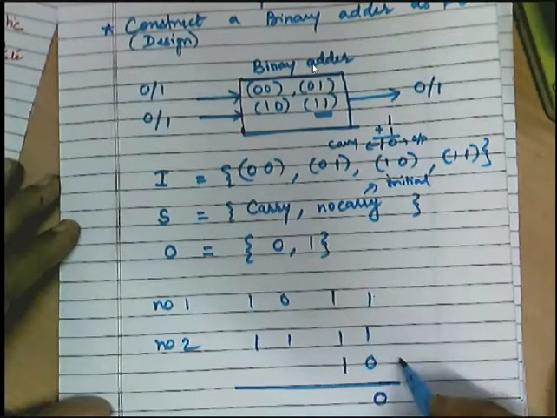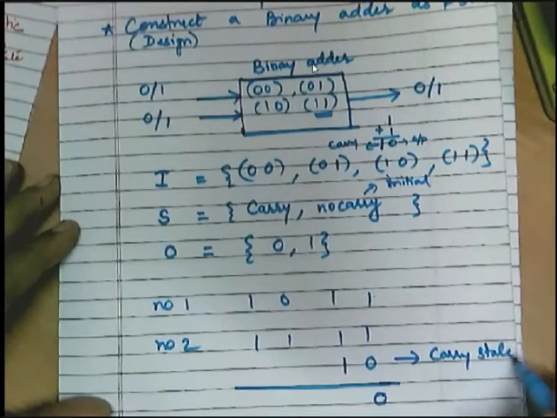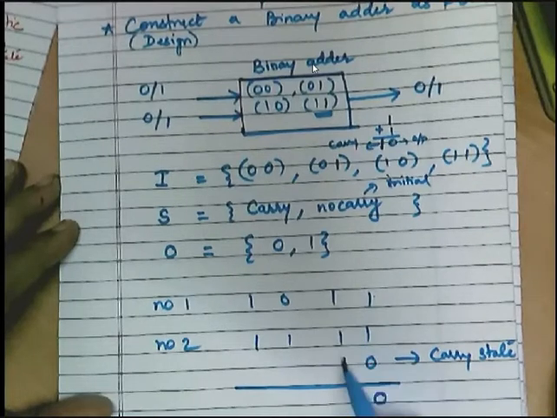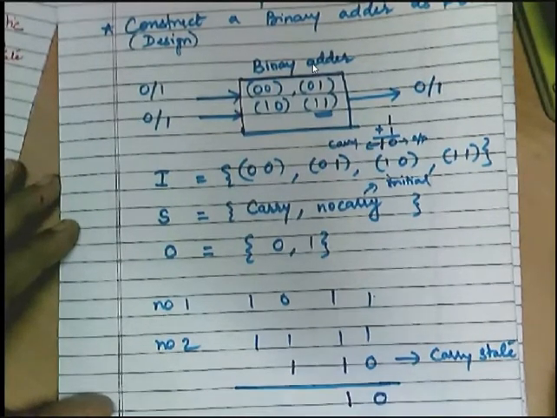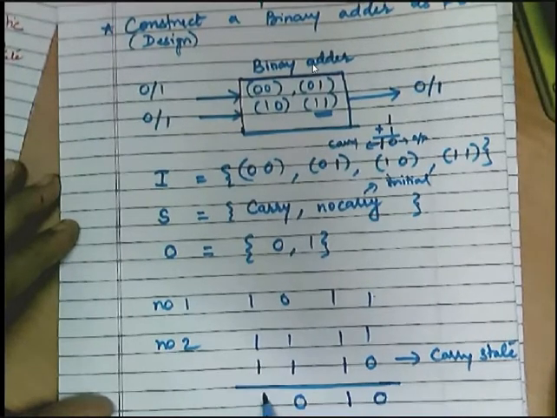Here these numbers represent my carry state. Now if these three are added, my output is 1, and again forwarding one carry, it is again 0, and now forwarding one carry, it is 1, and again forwarding a carry. In this way I am getting my output.